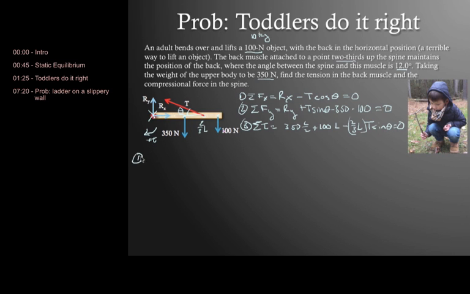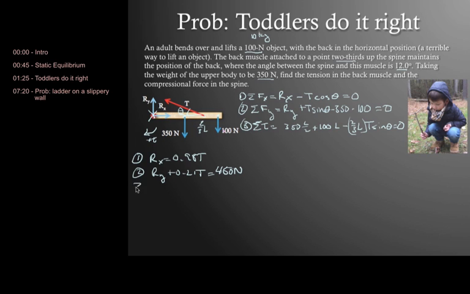So let's look back at equation number 1, and what we're going to get is Rx is equal to 0.98 T. Looking at number 2, we can rewrite this to be Ry plus 0.21 T is going to give us 450 newtons. Here we just added up 350 and 100, brought them over to this side, and then plugged in theta.